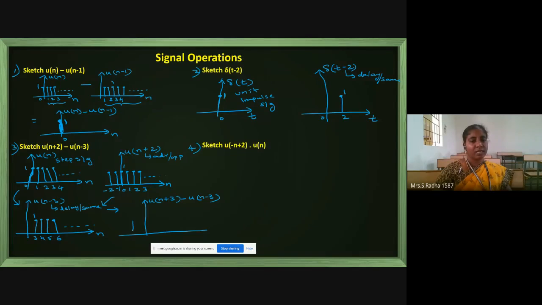So in the final diagram, minus 2, minus 1, 0, 1, 2. All these pillars have height 1. This is entirely time shifting, so the x-axis will remain the same. Now coming to the last question.